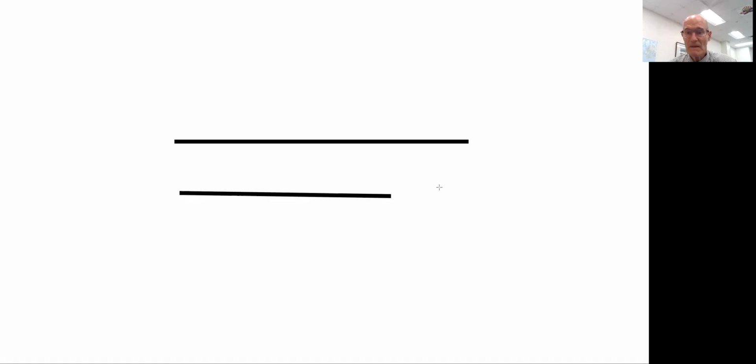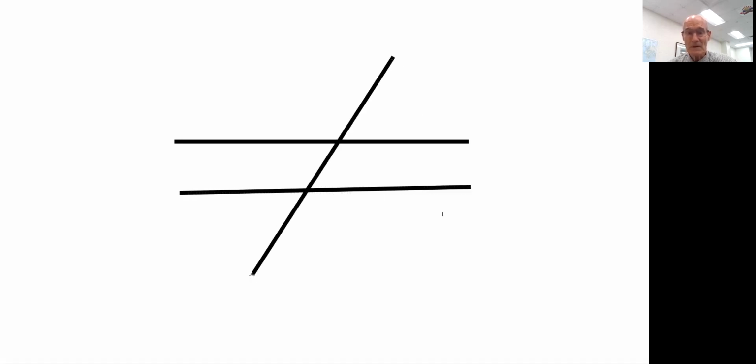Remember, if we have two parallel lines, something like this, and another one here, and we cut these lines with a transversal, something like this, we get 8 different angles.